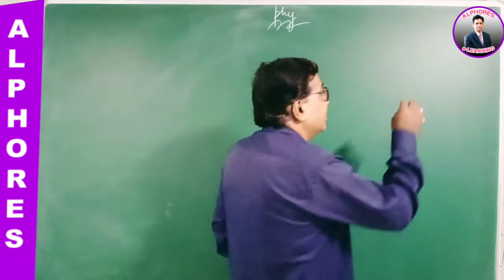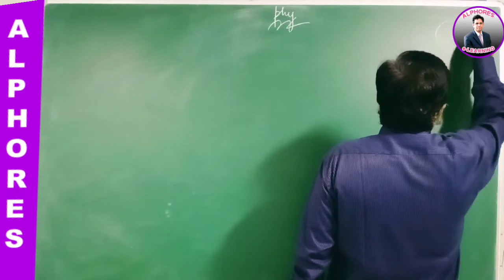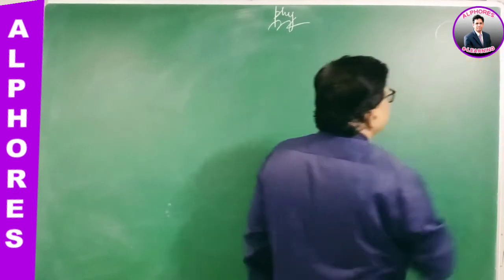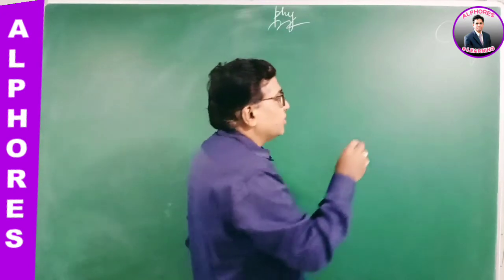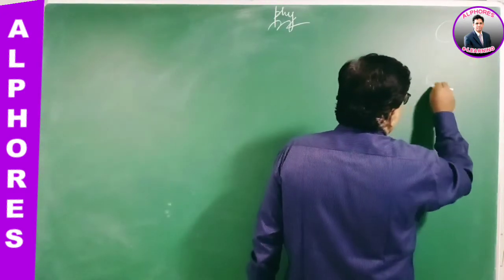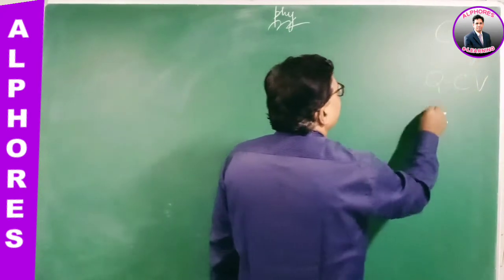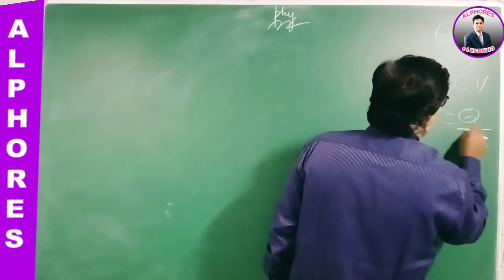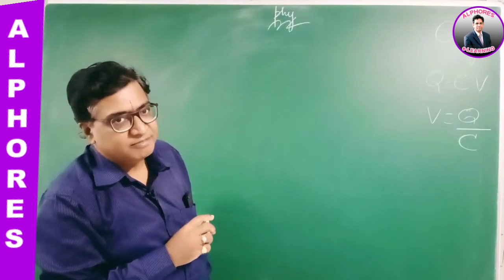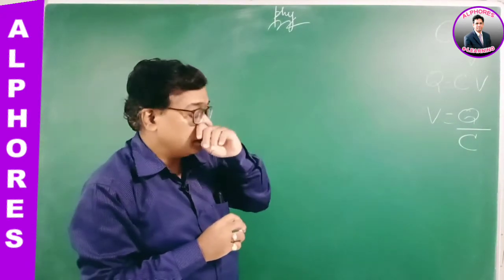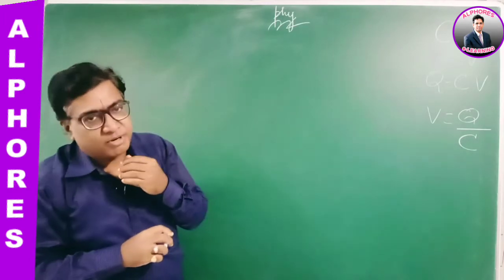The measure of the capacity of a capacitor is called capacitance, given as C is equal to Q by V, the amount of charge stored per unit potential. From this I can write Q is equal to CV, or V is equal to Q by C. The potential is charge per capacity. This is the formula. Later I've given you the units, the dimensional formula, all those things.